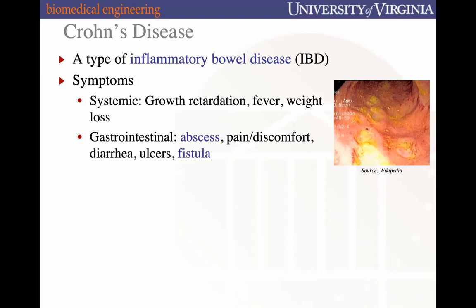And so sometimes you'll have a fistula that goes from the lower colon, the anus, sometimes to the bladder, sometimes to other areas, but they're really, really problematic and can lead to really dire outcomes once a fistula is formed. There are other systemic symptoms that these patients have, anemia, as well as some neurological issues, because it is so systemic and it's a really severe inflammatory disease.